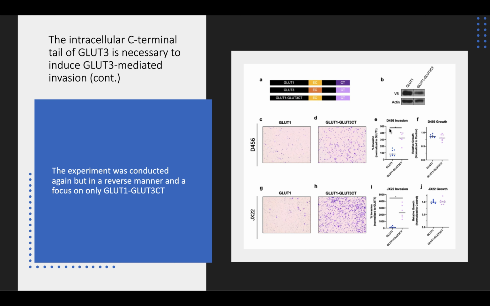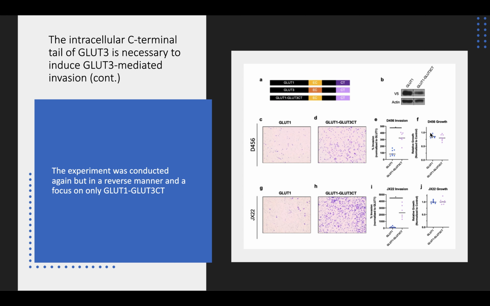Now, as we go back to 4E, we see as it relates to D456 invasion, the y-axis indicates percent invasion normalized to GLUT1, and on the x-axis we see GLUT1 and GLUT1 GLUT3 CT.